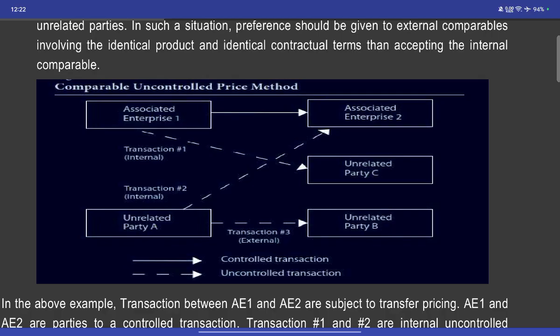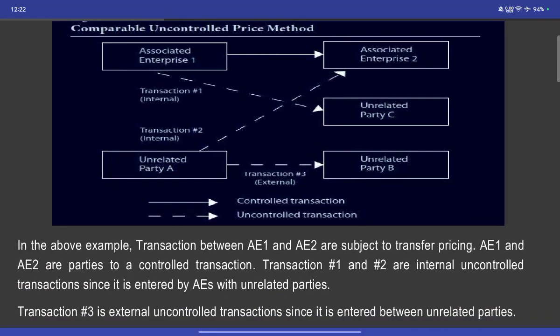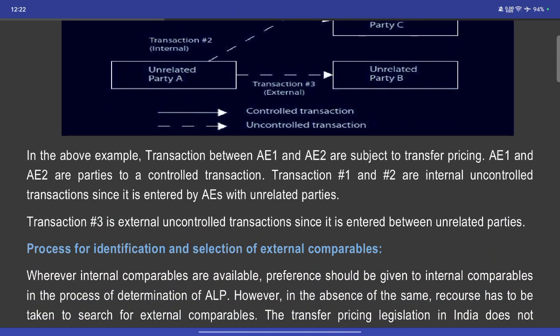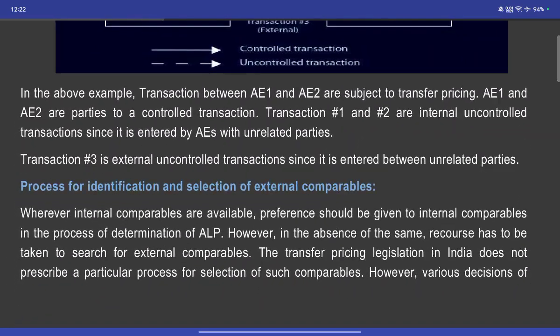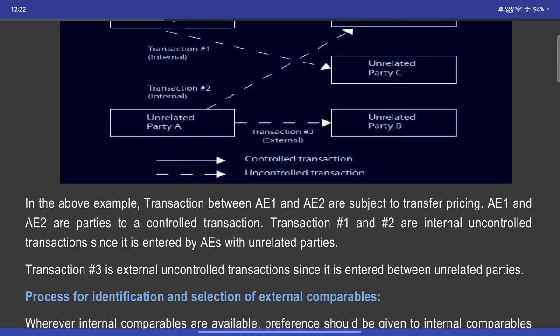These are the kinds of transactions 1, 2, 3, 4 and 5. In the above transactions, AE1 and AE2, where AE1 is subject to transfer pricing, are parties to the controlled transaction. Transactions 1 and 2 are internal comparable transactions since they are entered into by the AEs with unrelated parties. Transaction 3 is an external comparable transaction since it is between unrelated parties.